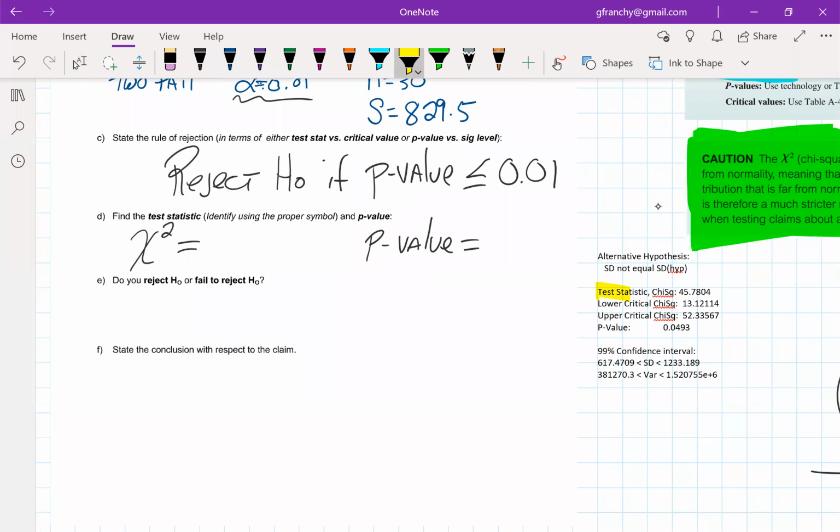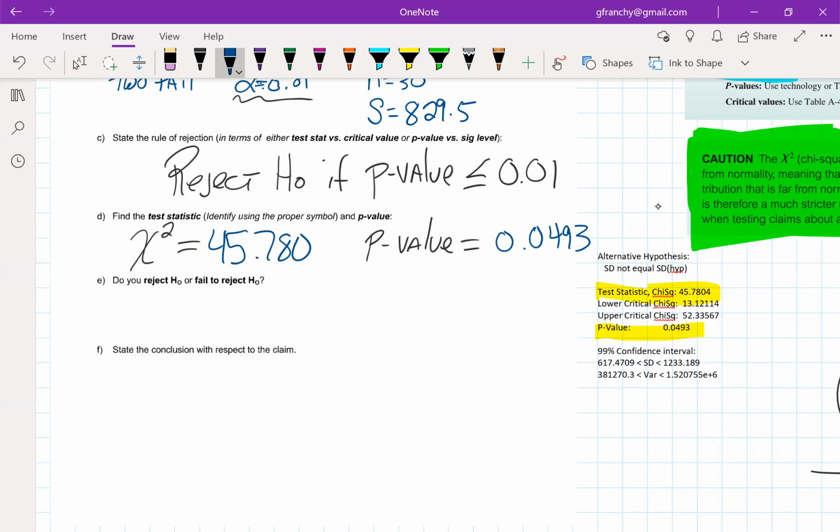So there's our test statistic, 45.780, and there's our p-value, 0.0493.